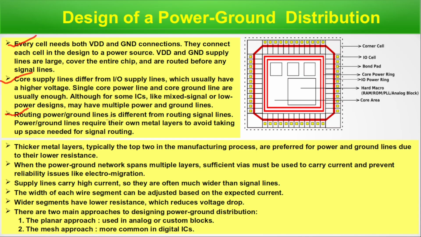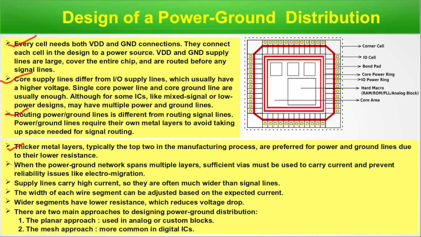Routing power and ground lines is different from routing signal lines. Power ground lines require their own metal layers to avoid taking up space needed for signal routing. Now, thicker metal layers, typically the top 2 in the manufacturing process, are preferred for power and ground lines due to their lower resistance. They run for a longer length. To keep resistance low, thicker metal layers are used.